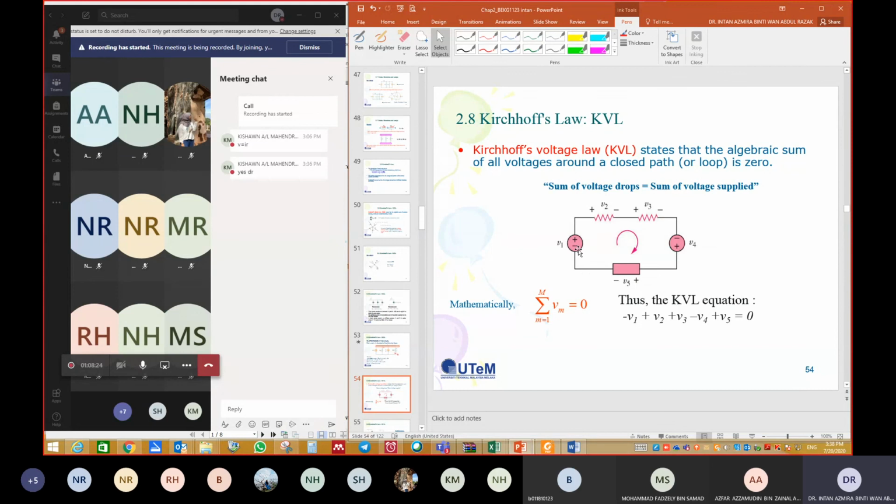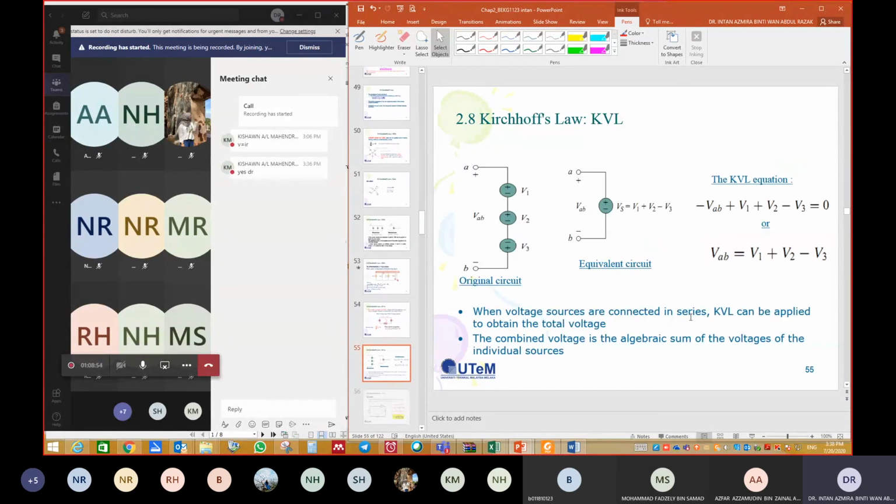For V1 the second sign is positive while the first sign is negative, so positive, negative, negative, positive and negative. Let's say we use the first sign for this equation: negative V1 plus V2 plus V3 minus V4 plus V5 is equal to 0. So this is the KVL equation.